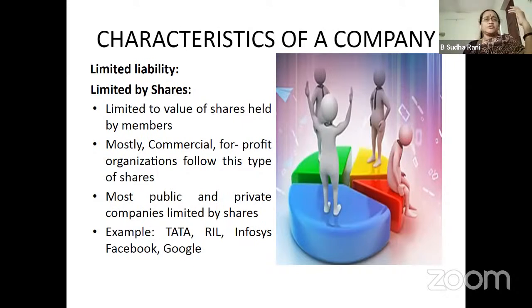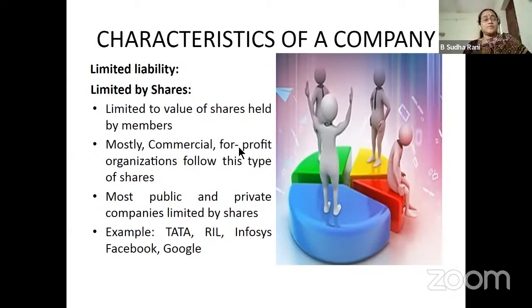There are two types: limited liability and unlimited liability. But the majority of companies, especially public limited companies and profit-oriented organizations, have limited liability because they need to raise capital.